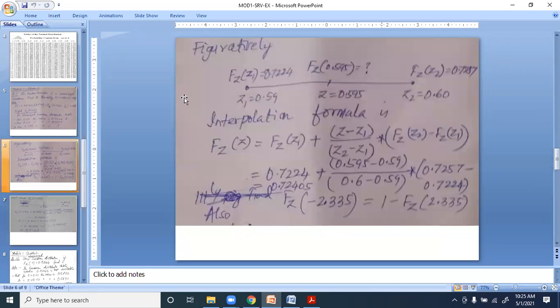Just see this. I have to find the value at 0.595. I need to find FZ at this value. This is the question mark.